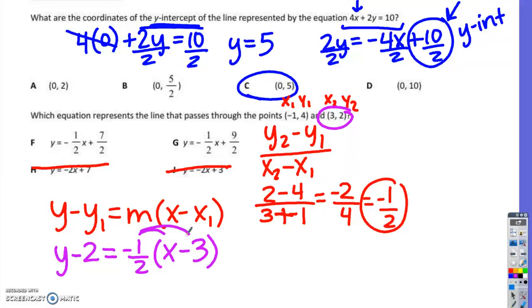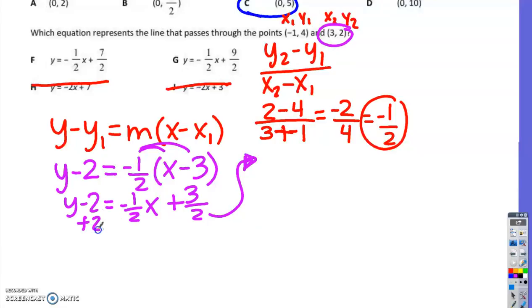So I'm going to end up with y minus 2 equals negative 1/2 x. And negative times the negative is going to give me positive 3/2. If you're unsure about that one, chunk it into your calculator. Now I just need to finish this by solving for y and adding 2 to both sides. So I'm going to add 2 to both sides. That's going to end up giving me y equals negative 1/2 x.